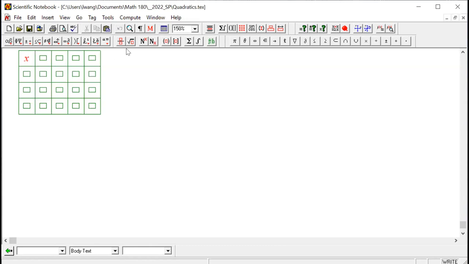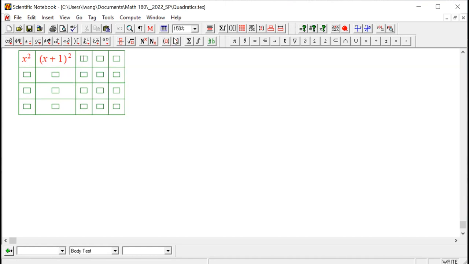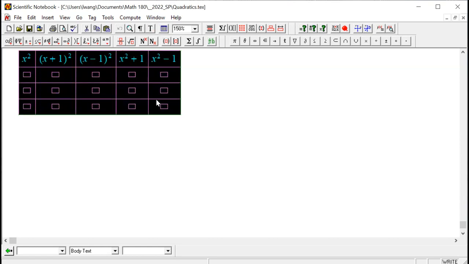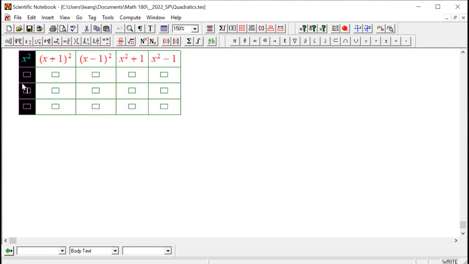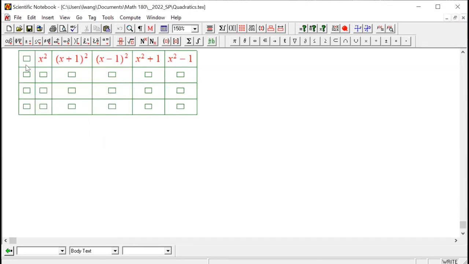So these 5 functions I refer to are x squared, x plus 1 squared, x minus 1 squared, and you guessed it, x squared plus 1 and x squared minus 1. What about their domain and range? That's the question. Okay, domain and range.